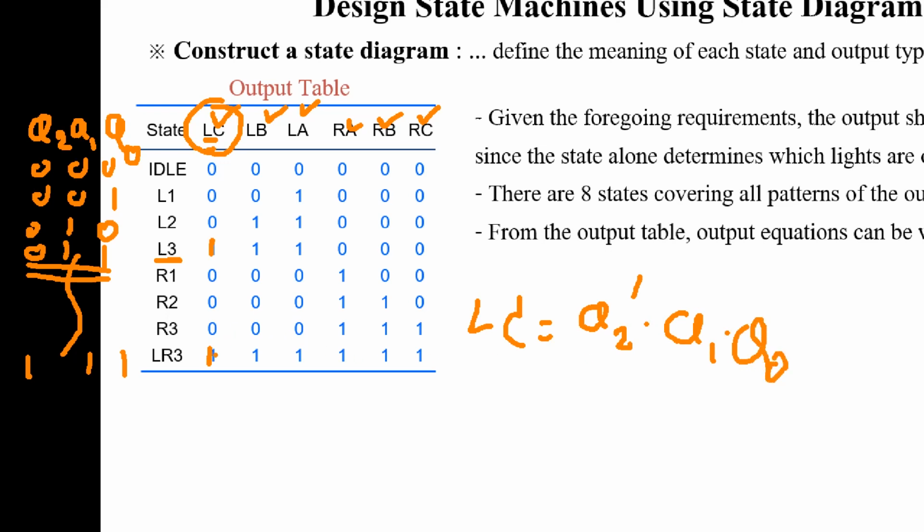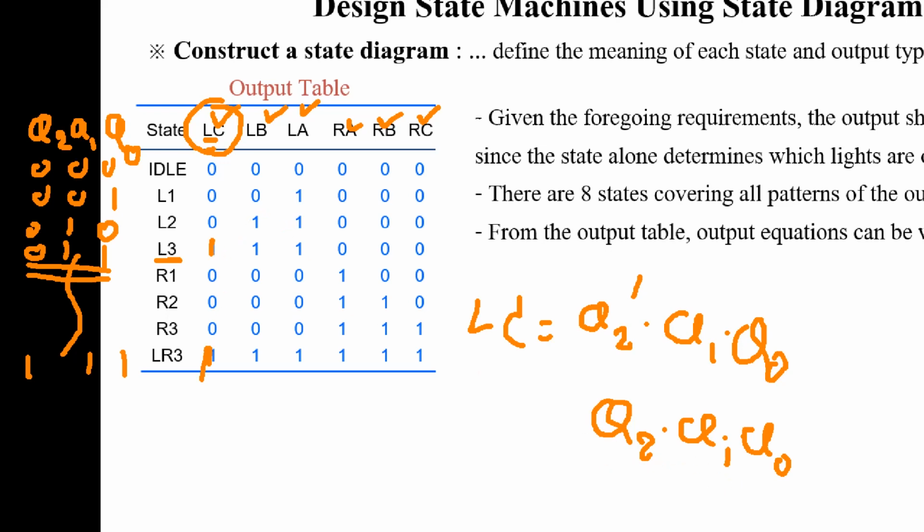And at state LR3, if its code is 111, then LC will be active when the values of Q2, Q1, and Q0 are 111. So the condition of Q2 and Q1 and Q0 must be true.